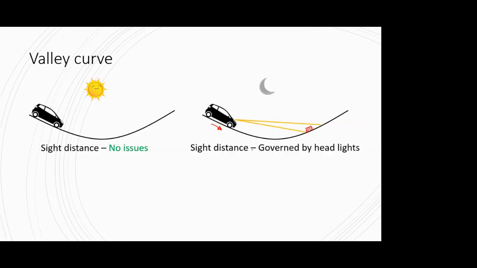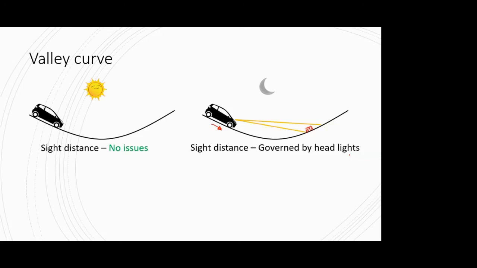So obviously your sight distance is governed by your headlight distance. If you compare different kinds of vehicles, each vehicle has its own make of headlight, and the illumination factor, the throw and the angle of that headlight are variable for each and every vehicle.